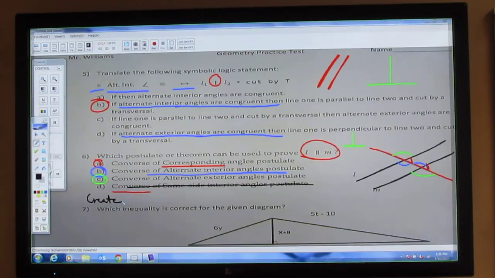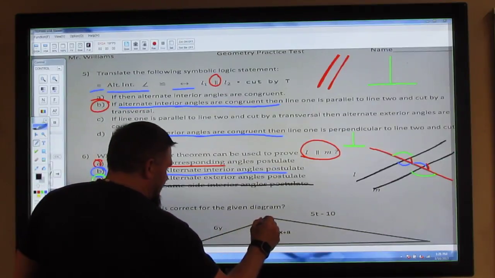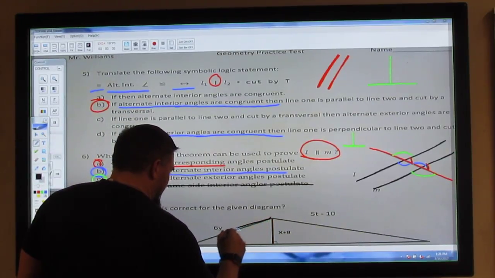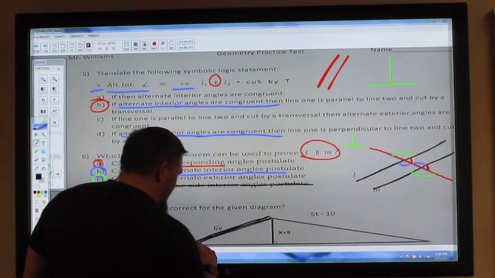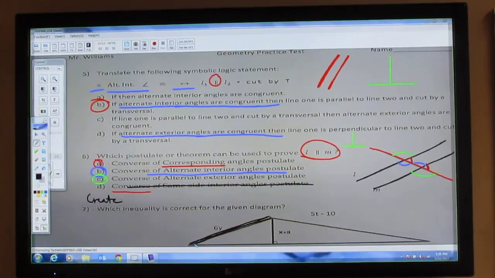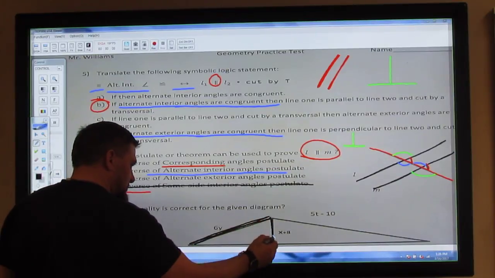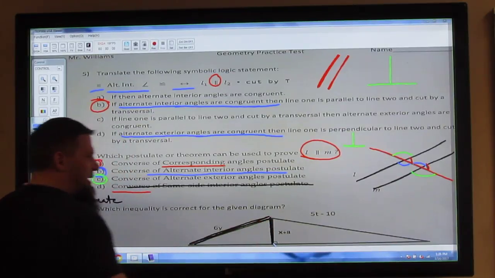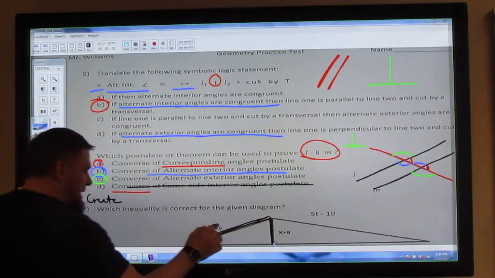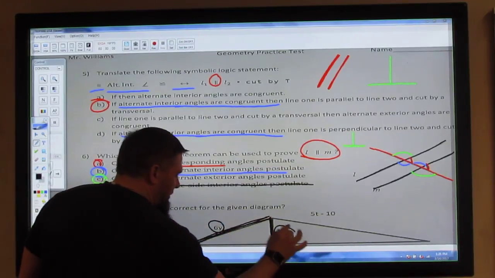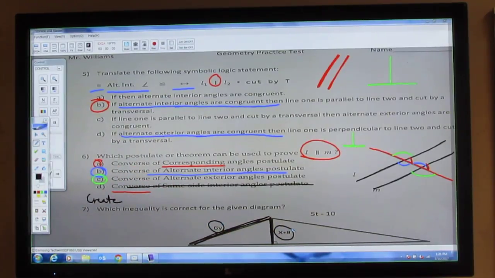So what can we say about the hypotenuse and a leg? What can I say about this guy and this guy? What do we know every single time about the hypotenuse?